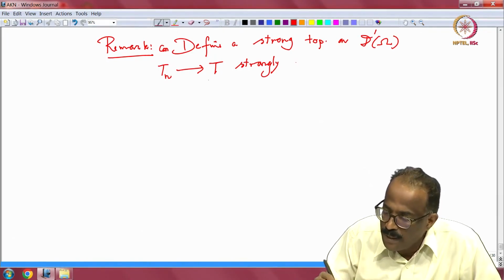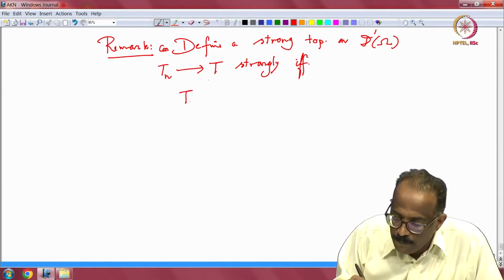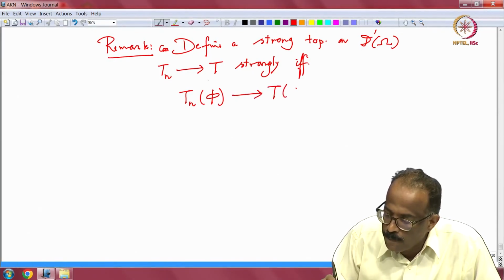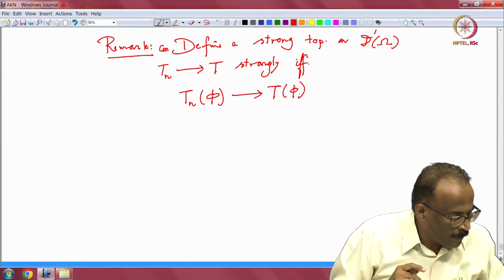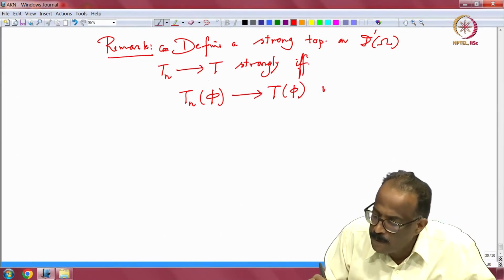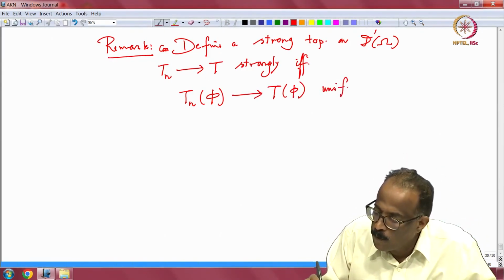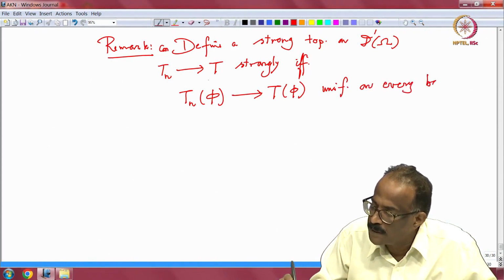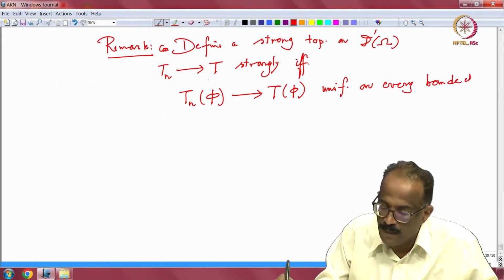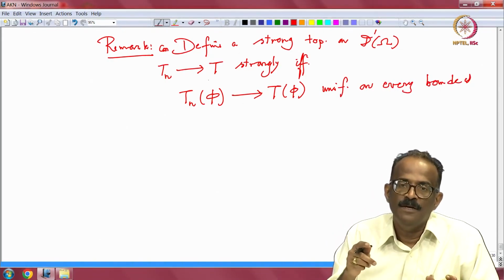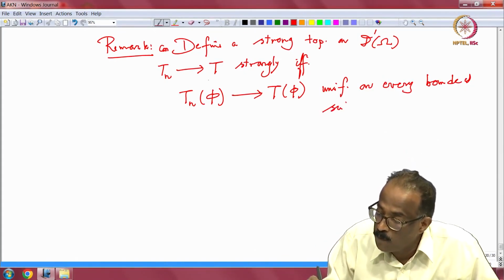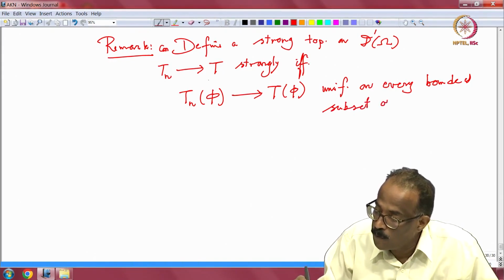Strongly, if and only if Tn of phi converges to T phi uniformly on every bounded subset of D of omega. For the weak star topology, Tn of phi converges to T phi for all phi, but here it is uniform on every bounded subset of D omega.